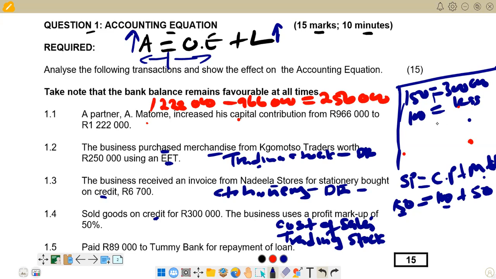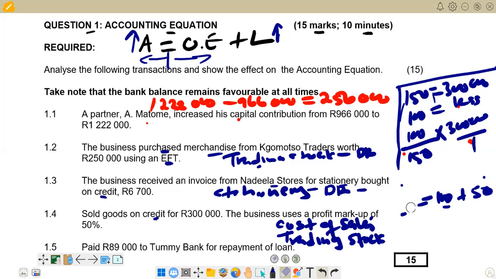What we don't have is 100, we put it as a numerator, and what we have is 150, put it as a denominator. Then you multiply by the given amount, which is 300,000 over 1. If you multiply that, obviously we are going to get 200,000. So that becomes the cost price, 200,000.